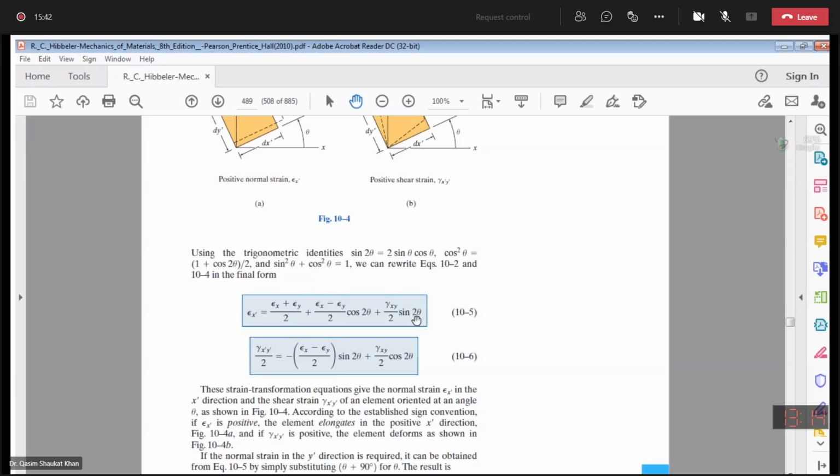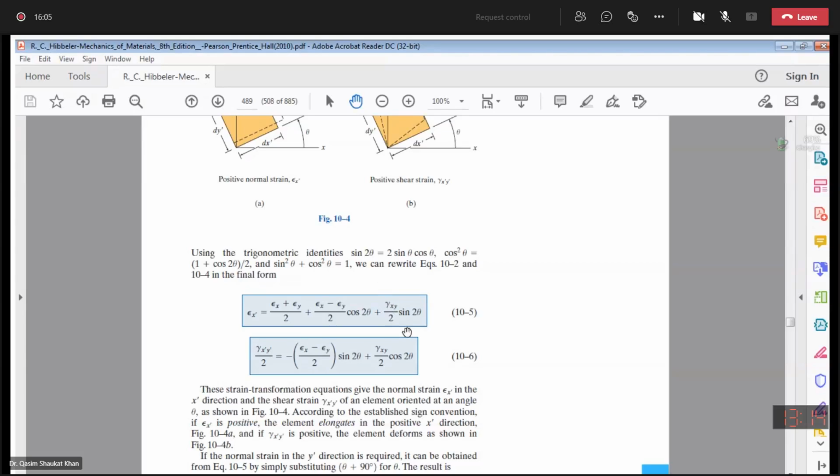The only difference here is that sigma x corresponds to epsilon x, sigma y corresponds to epsilon y, and the shear stress tau xy corresponds to gamma xy over 2.